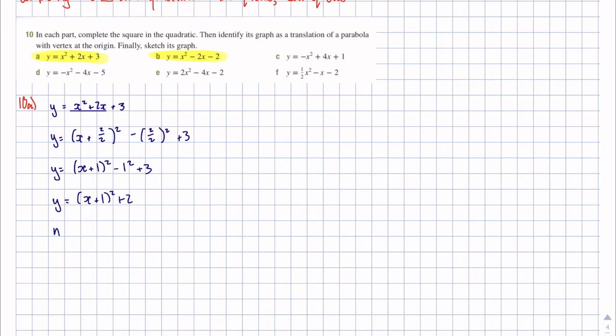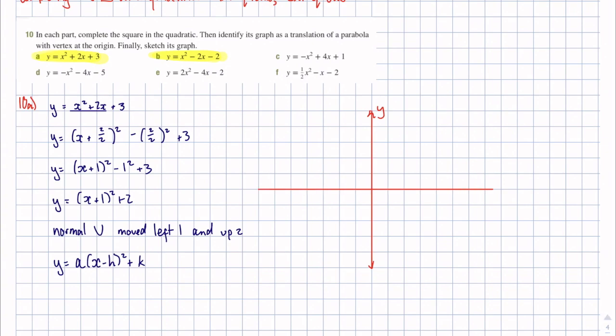So this is a normal quadratic that's been moved left 1 and up 2. As you can see, when we compare it with our normal one, y equals a outside of x take h squared plus k. Okay, so if we're going to sketch it, give ourselves plenty of room, y and x.